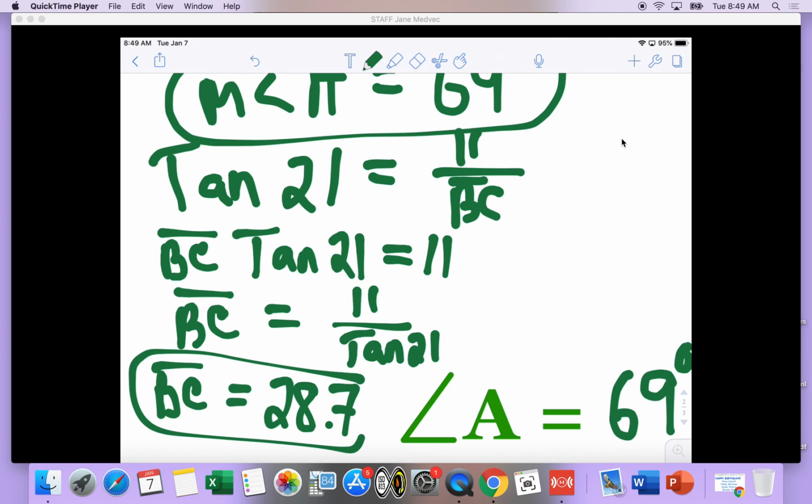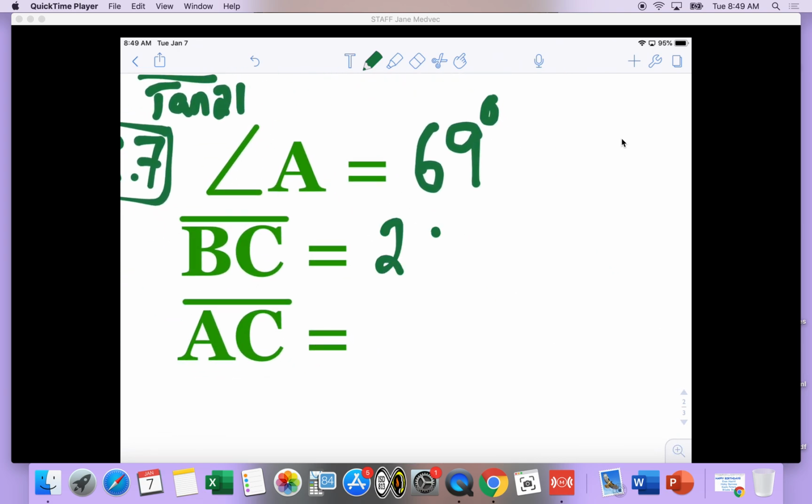Yep. So I'm going to come down here and write 28.7. And this is in units. The only reason why I put units is so that you see the difference between degrees and side length. Okay. Questions?